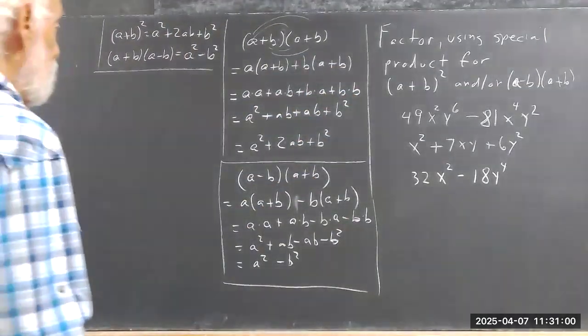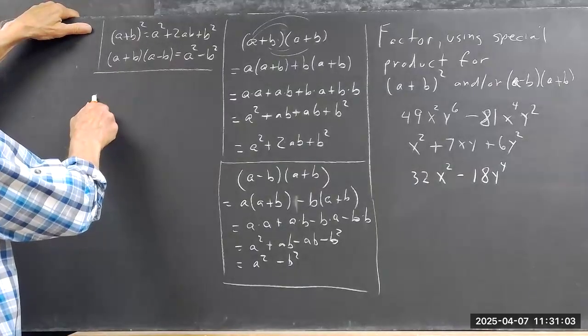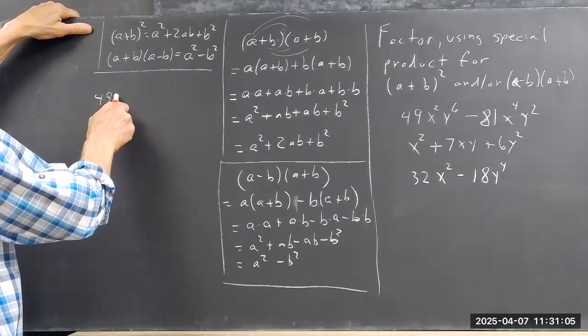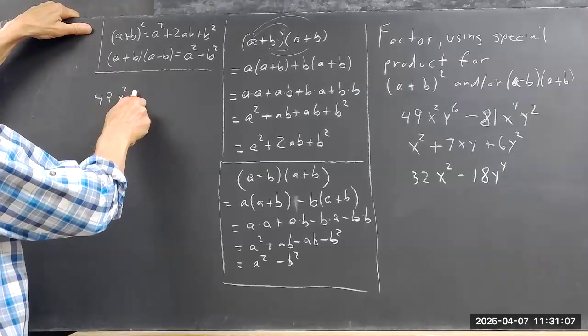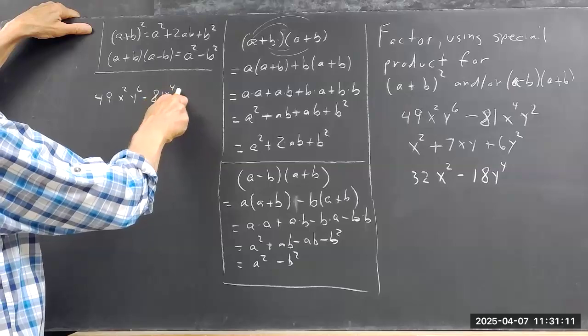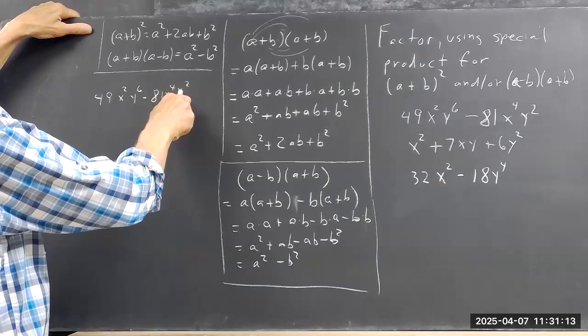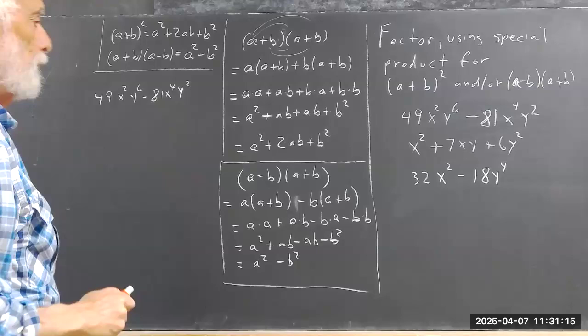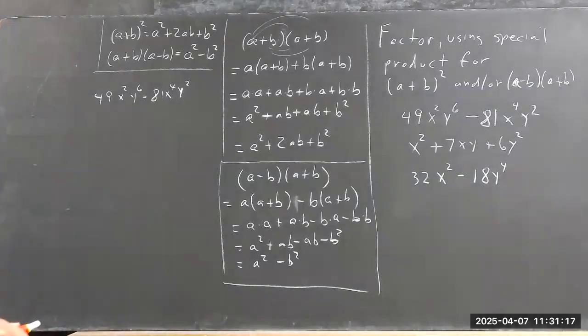Okay. Now, so 49x squared y to the 6 minus 81x to the 4 y squared. You have two alternative ways you can do this.